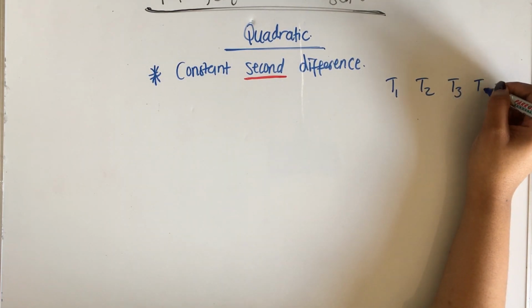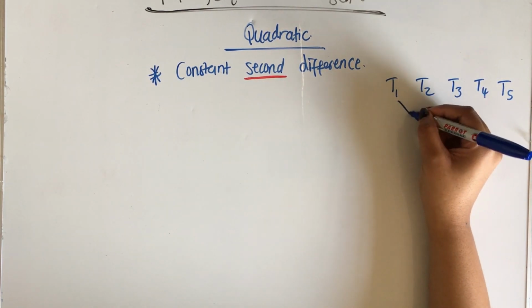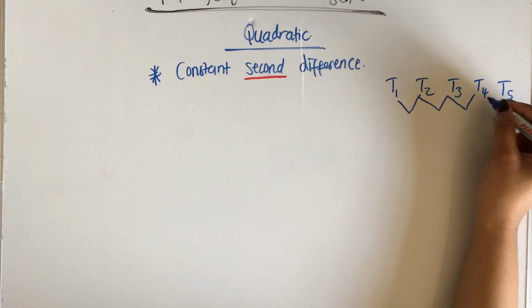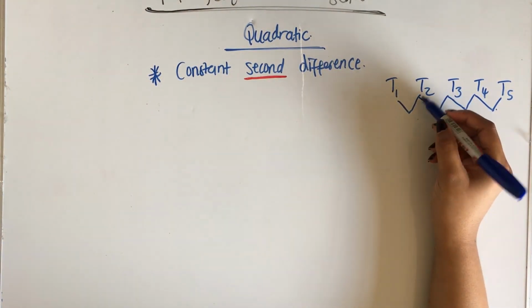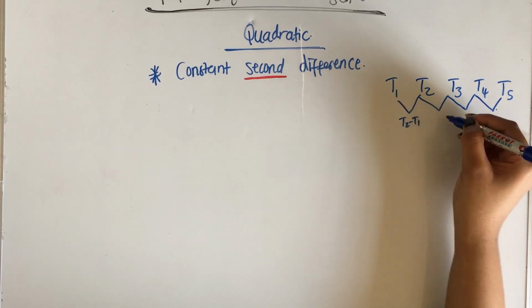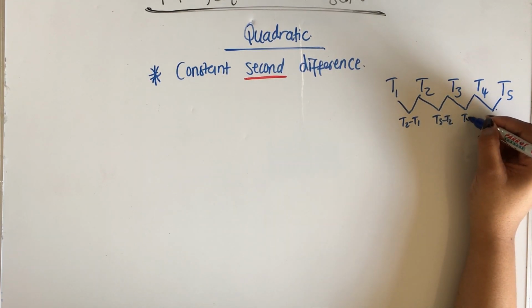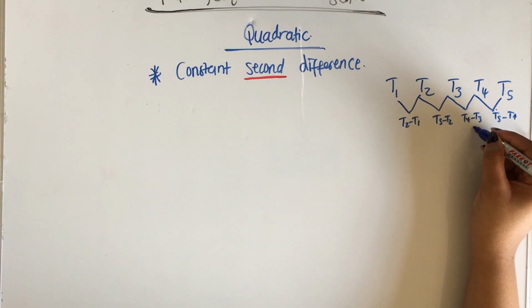T4, and maybe T5. So this is going to be their difference here: T2 minus T1, this is going to be T3 minus T2, this is going to be T4 minus T3, and T5 minus T4.